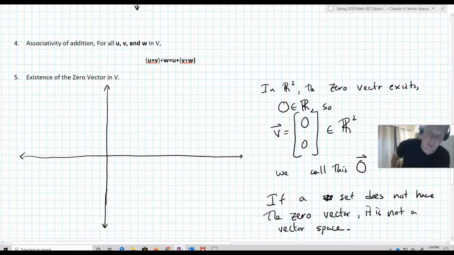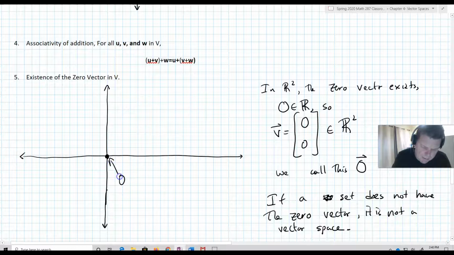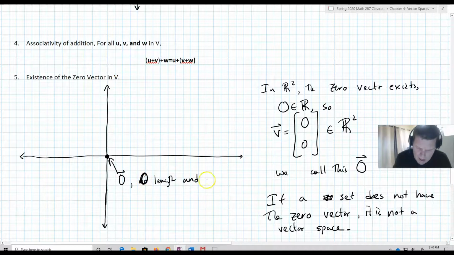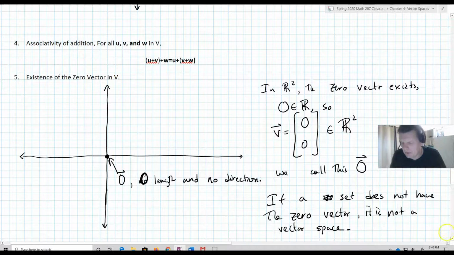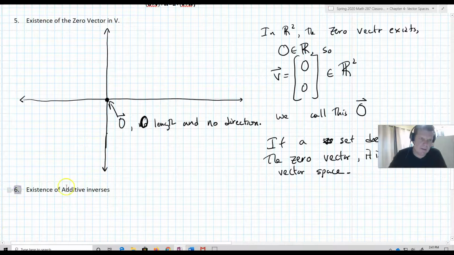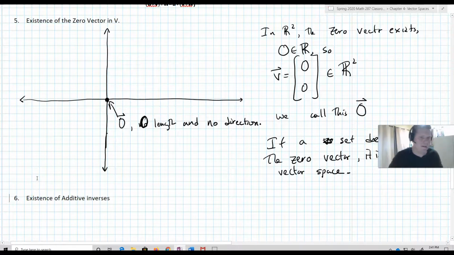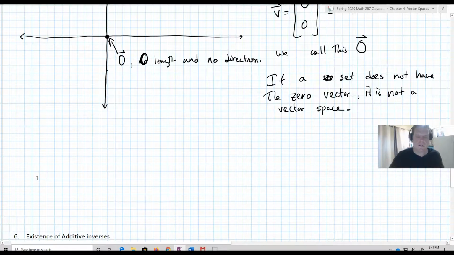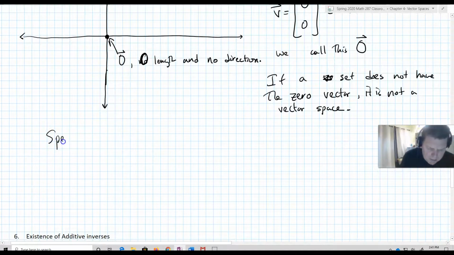R2 has it because it's right there. It has zero length and no direction, so it is not in any particular direction. When we add the zero vector to any vector, we end up with just that vector. It's what we call an additive identity. That's a special property.